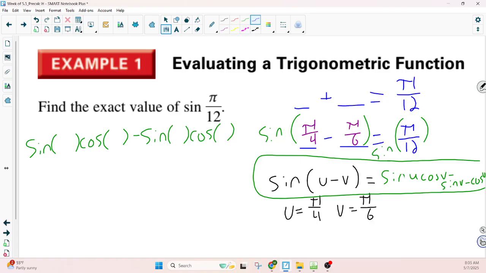What was u? Let's just color code. U was pi over 4. So this would be pi over 4, and then this would be pi over 4. Oops, did I put an accidental minus right here? I think I did. This is a times, right? Sorry about that.